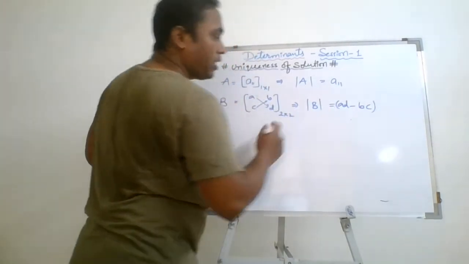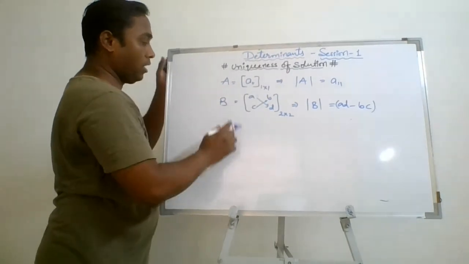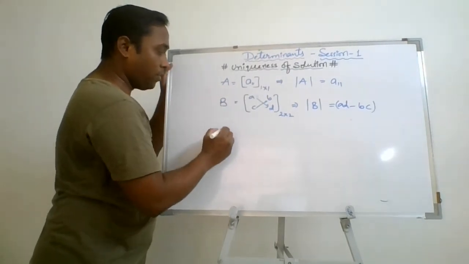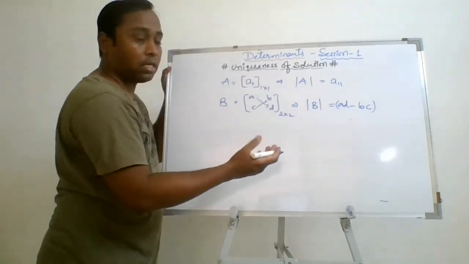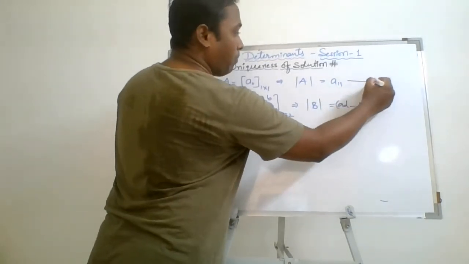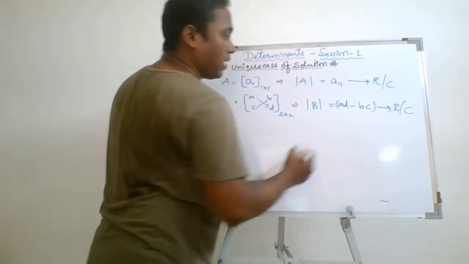So this quantity is called the determinant of matrix B. When you say the determinant of the matrix, it's always representing a number. This number may be real or complex.